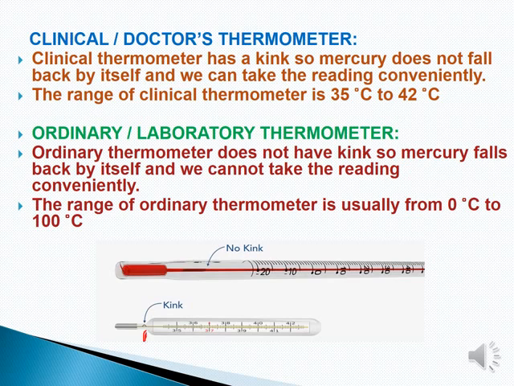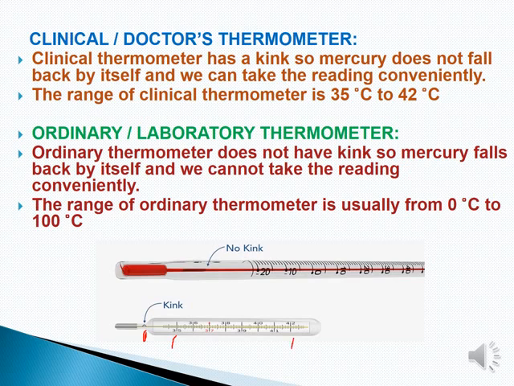Due to the presence of this kink, when mercury rises in the capillary, it does not fall back by itself, so we can take the reading conveniently. The range of the clinical thermometer is from 35 degrees Celsius to 42 degrees Celsius. You can see the range: this is 35 degrees and this is 42 degrees Celsius.